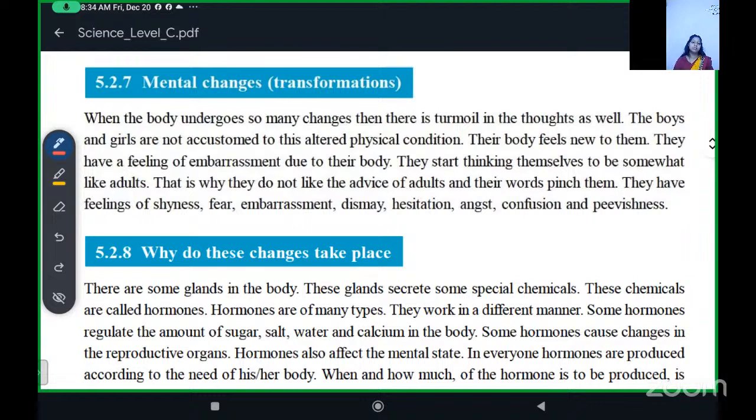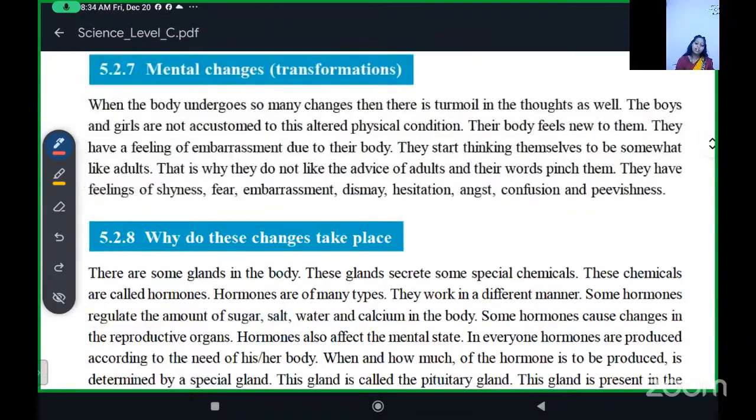Heightened emotions can be of anger, fear, embarrassment, dismay, hesitation, confusion, peevishness, shyness. We start perceiving things. If we are feeling something, we feel it extremely. If it's anger, it's going to be extreme. Whatever the emotion, we feel it extremely.